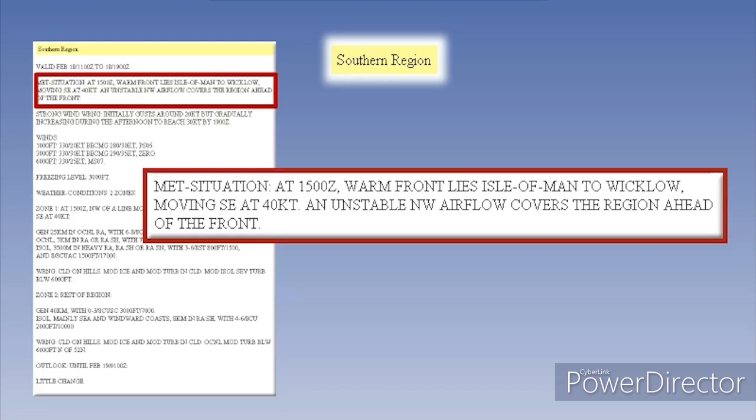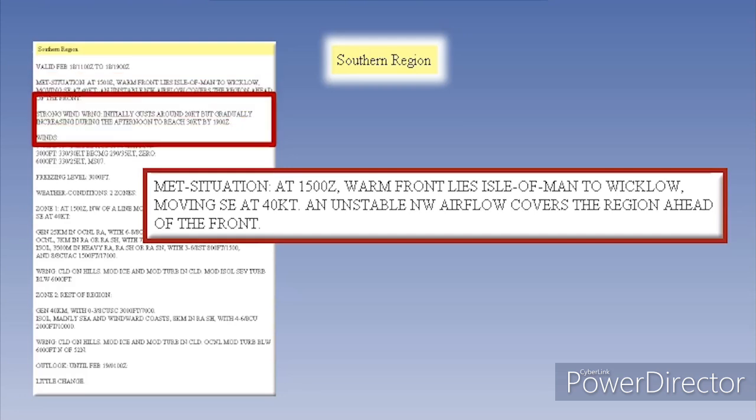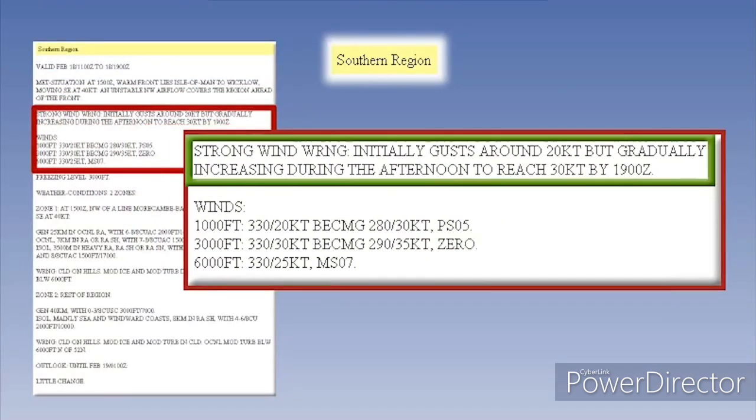Below the MET situation is a line or two of text which details any strong wind warnings which are expected. These are added whenever the wind is expected to exceed 20 knots. This threshold applies to gusts as well as mean speeds.